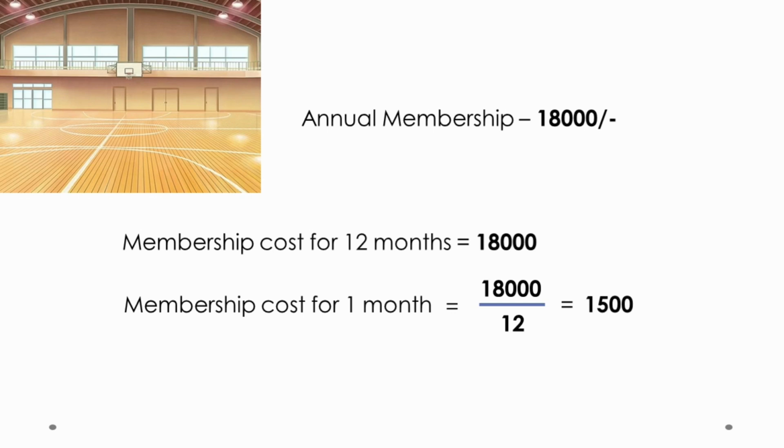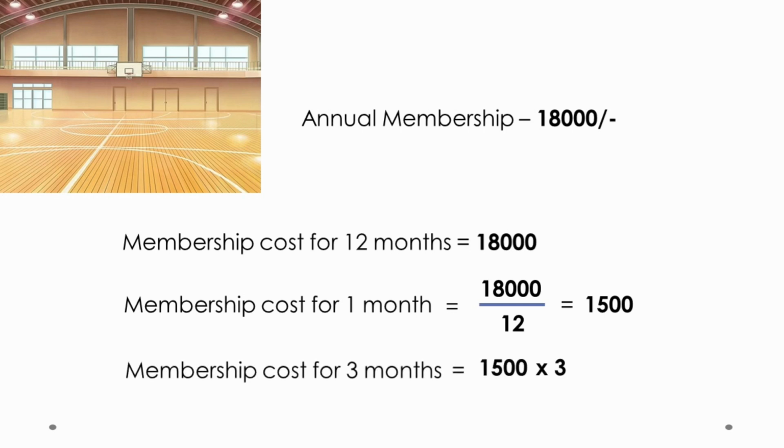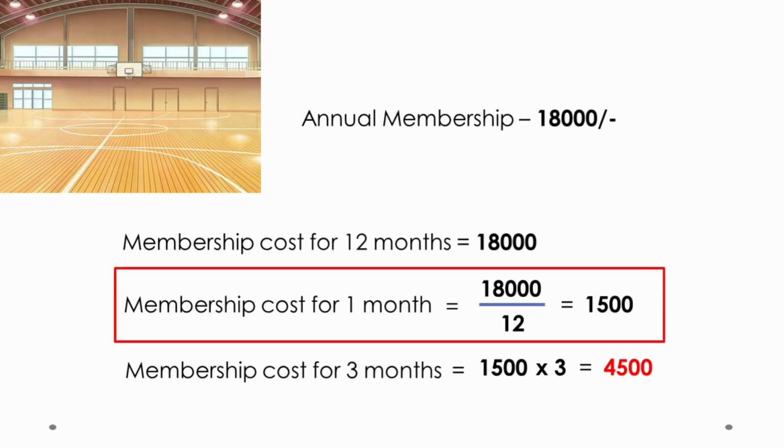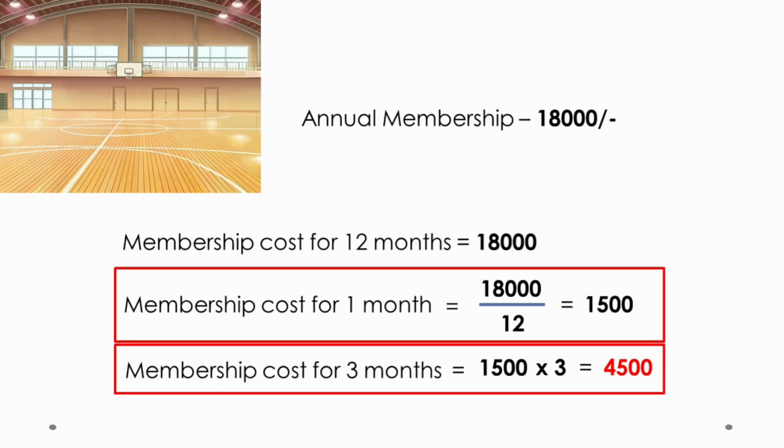Now we can easily calculate the membership cost for 3 months by multiplying 1500 with 3, which would be 4500. Here we calculated the cost of membership for 1 month and then multiplied that 1 month cost by 3, as we wanted to know the cost of 3 months membership. So here we used the unitary method.